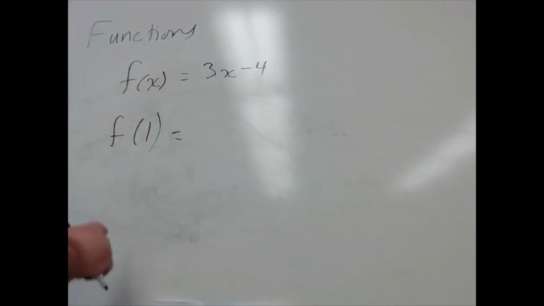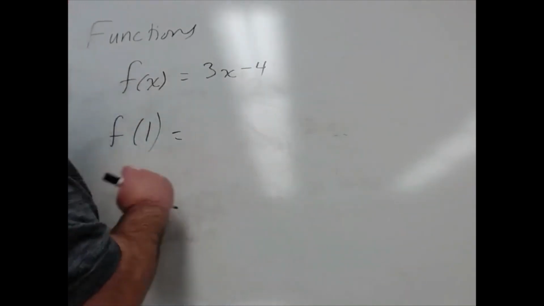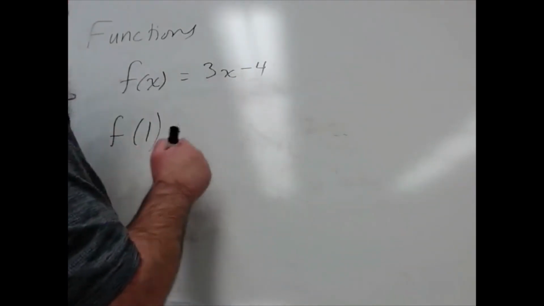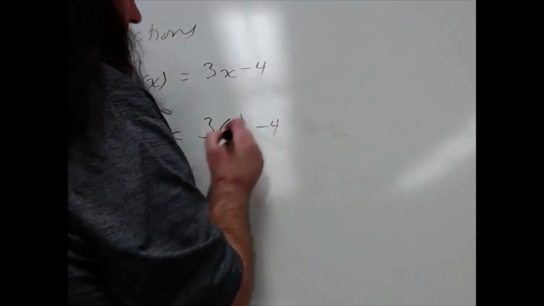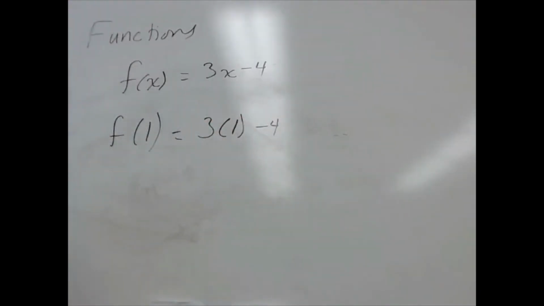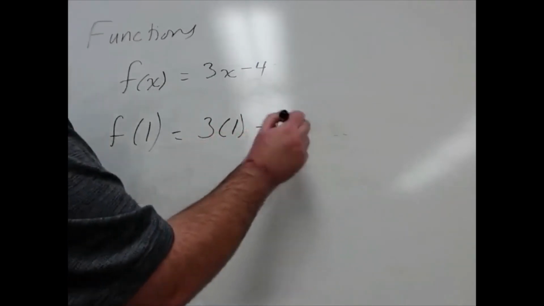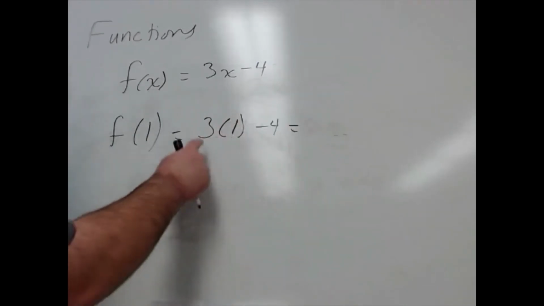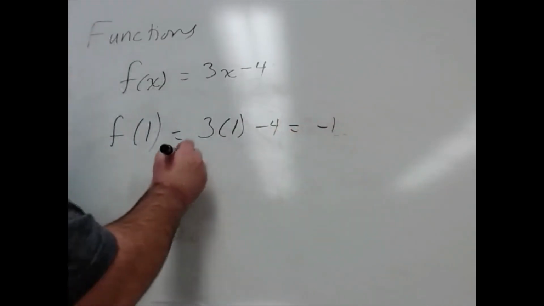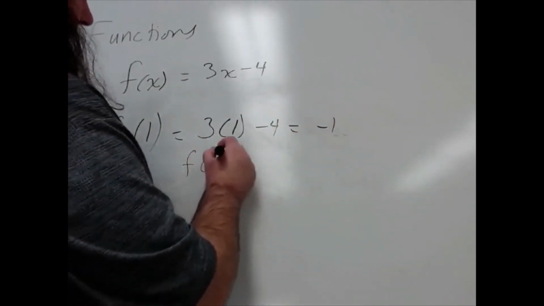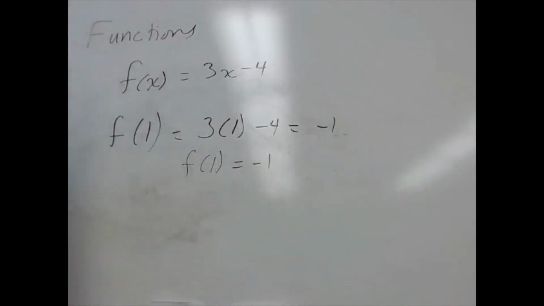And then on the right hand side, anywhere I see x, I replace it with 1. So this would be 3 times 1 minus 4. Then of course to evaluate this, 3 times 1 is 3, and then 3 minus 4 is negative 1. So I could say that f of 1 is equal to negative 1 for this function.